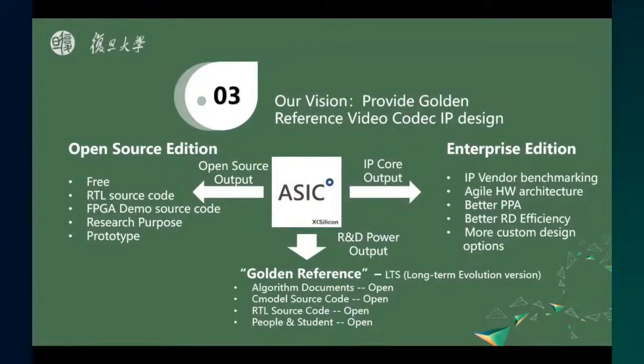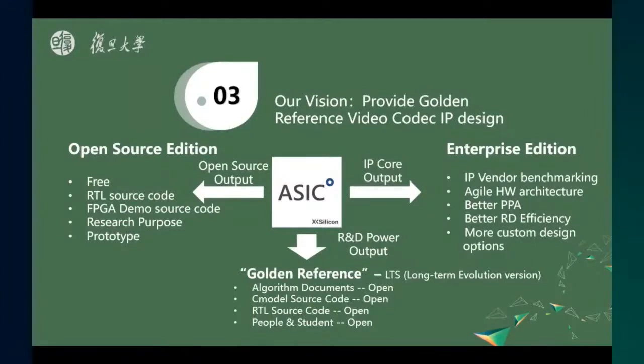The second way is we can output the IP core, which is similar to an IP vendor's product. We call it enterprise editions. And we can provide better PPA and better RD efficiency. And we can do more custom design options. The third way is R&D power output.